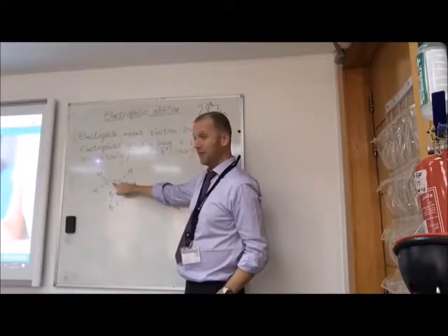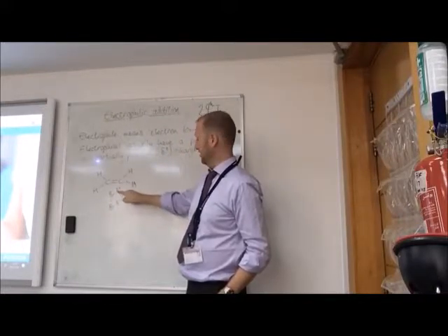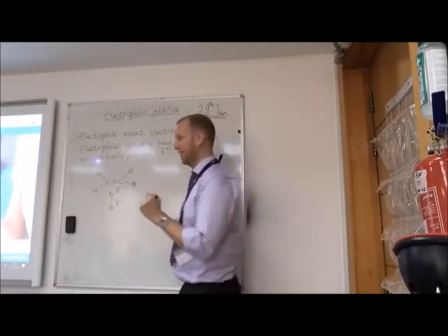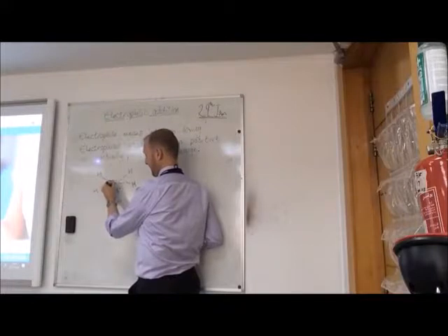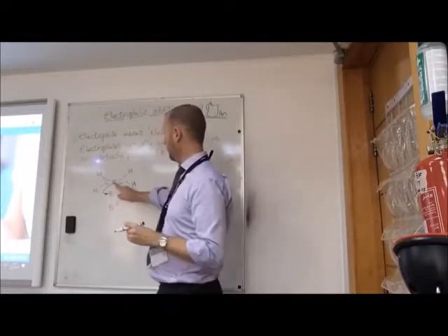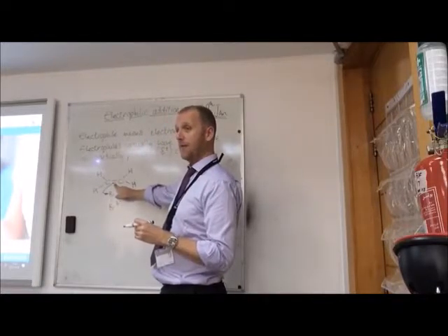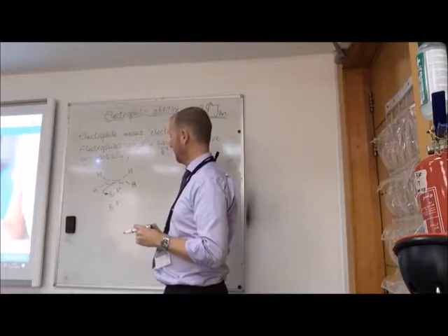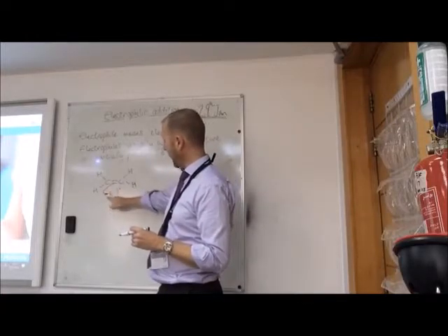Effectively this double bond can attack the positive. And we show that nice and easily with a little curly arrow from here to here. Curly arrows in our mechanisms always come from a bond or from a lone pair of electrons. In this case they come from the bond. So, the double bond attacks the positive.